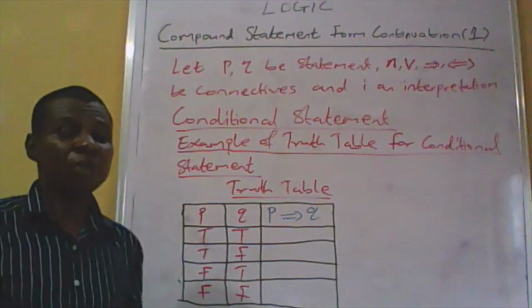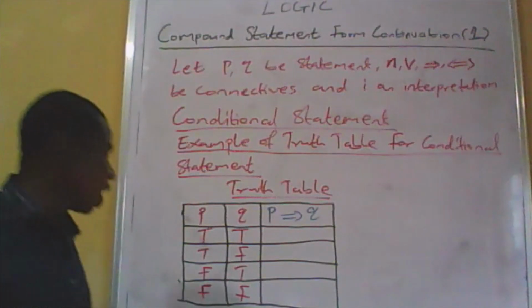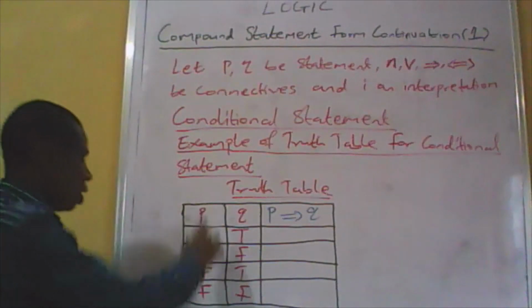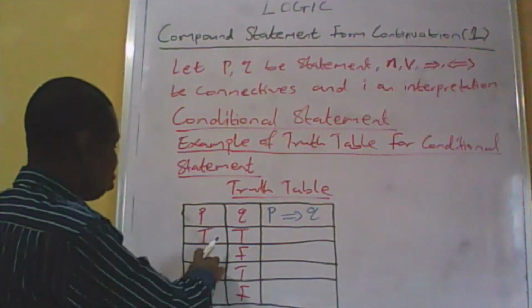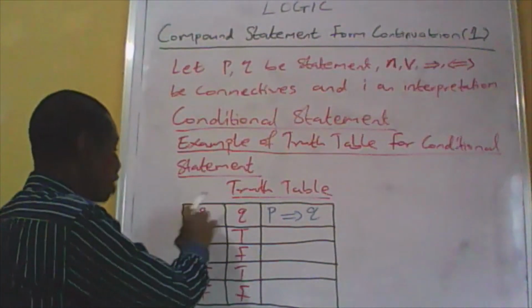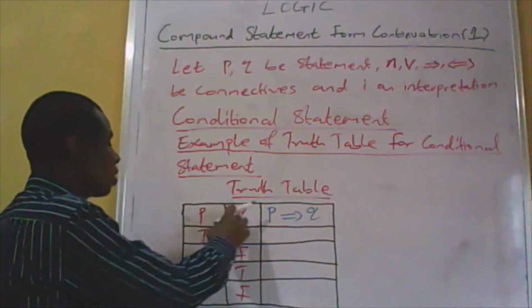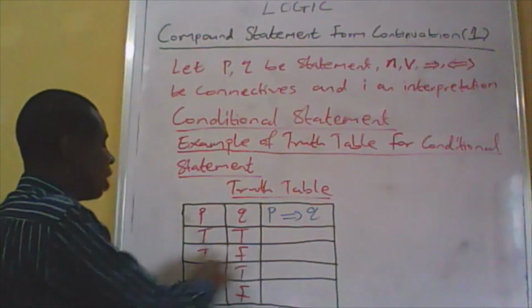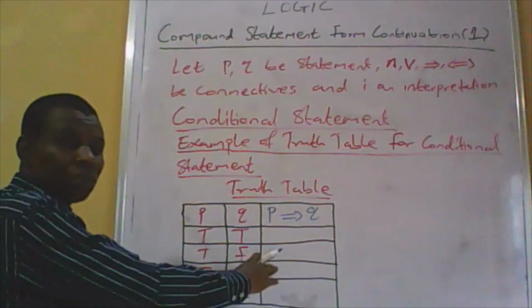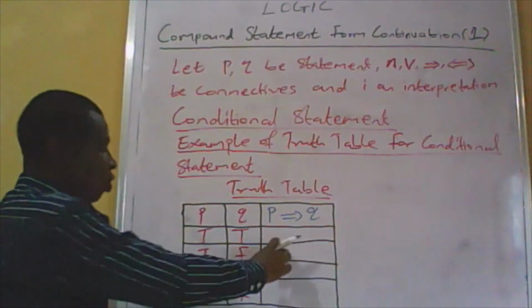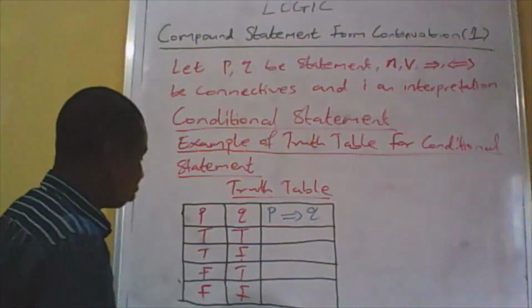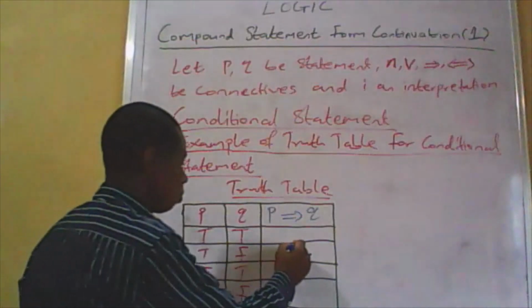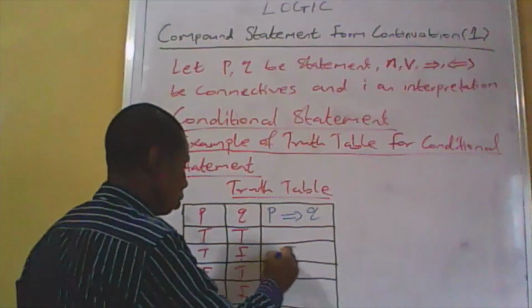Otherwise, it will be true. That means here, in the second row, I assign P to T and assign Q to F, so here we're going to have a truth valuation of false.